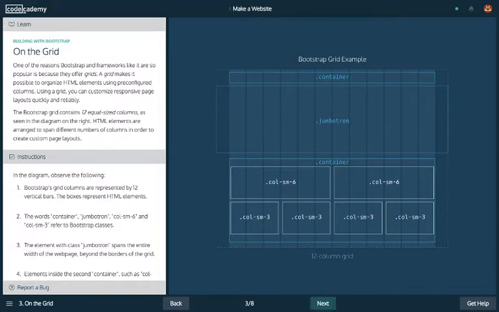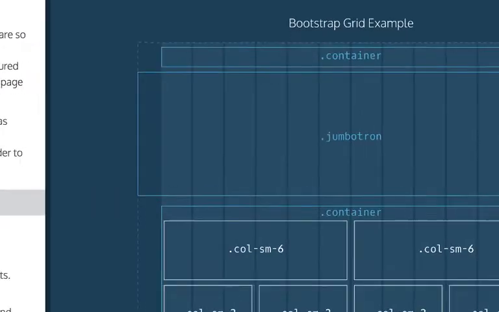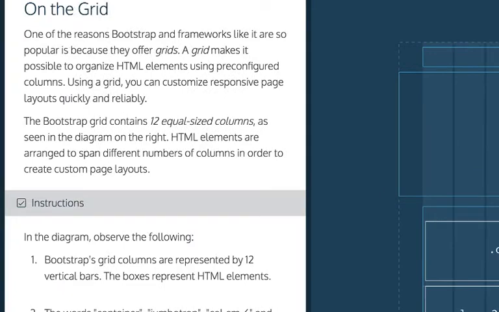On the grid, one of the reasons Bootstrap and frameworks like it are so popular is because they offer grids, and this really is the most important part. We got our grid system. A grid makes it possible to organize HTML elements using pre-configured columns.